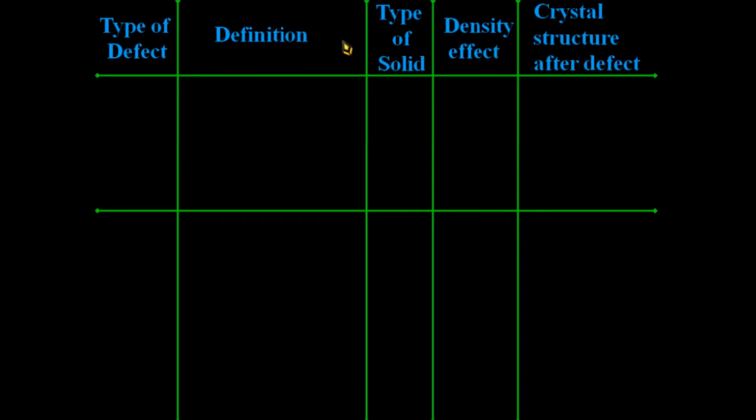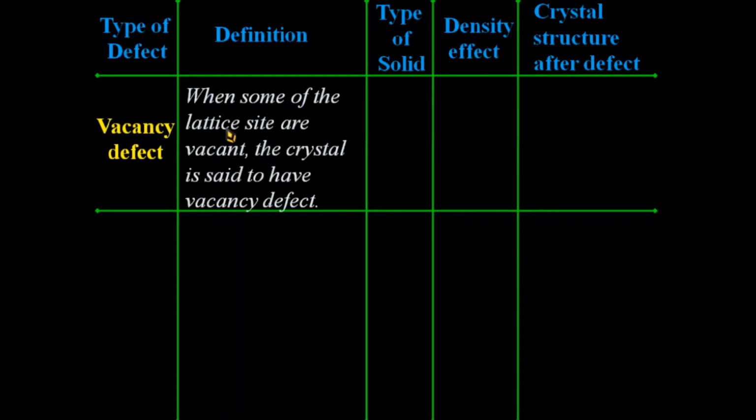The columns are: type of defect, definition, type of solid, effect on density, and crystal structure after defect. Then first is the vacancy defect. Definition: when some of the lattice sites are vacant, the crystal is said to have vacancy defect. This occurs in non-ionic solids.